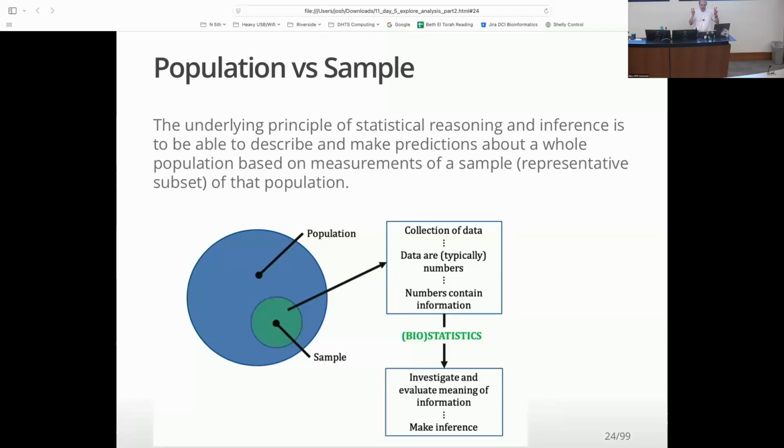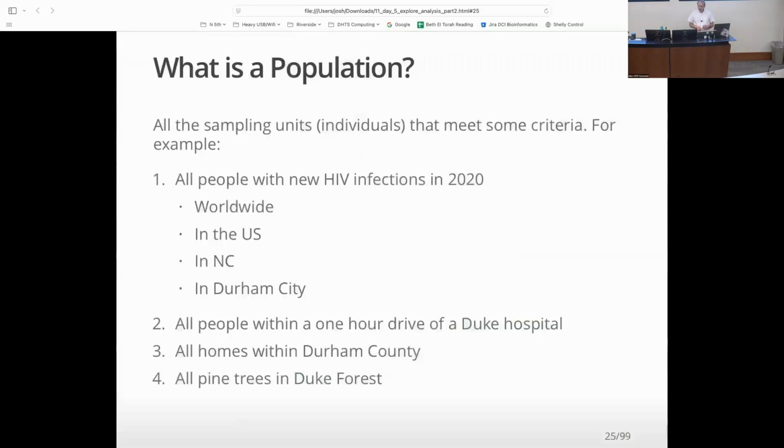Population and sample are technical, specific terms in statistics. A sample is a representative subset of the population. So what's a population?